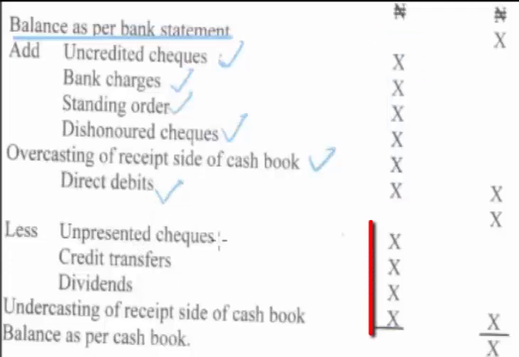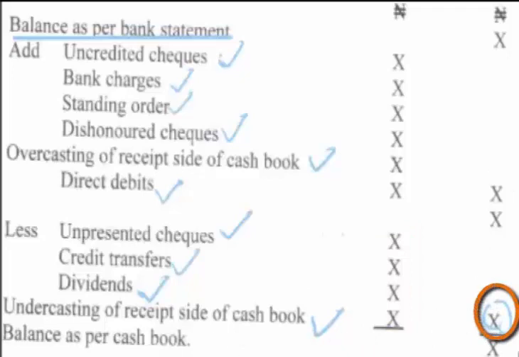We less on presented checks, credit transfers, dividends, undercasting of the receipt side of the cash book. We less them and we move them to the extreme currency column for us to get our balance as per cash book. You just need to know one of them.